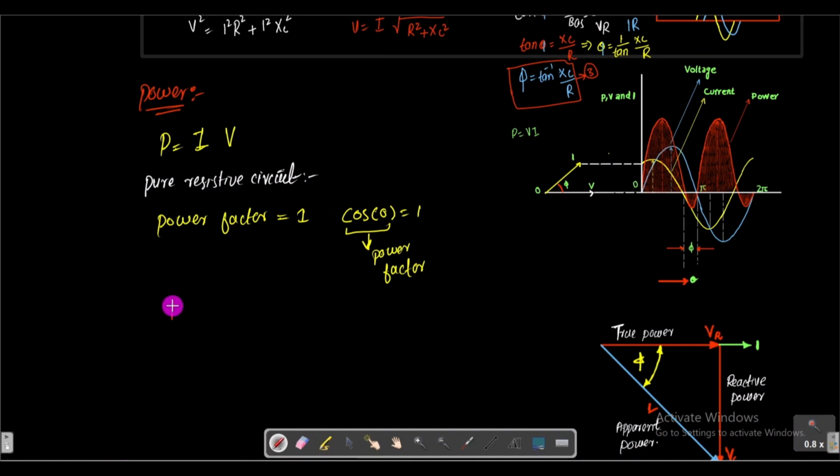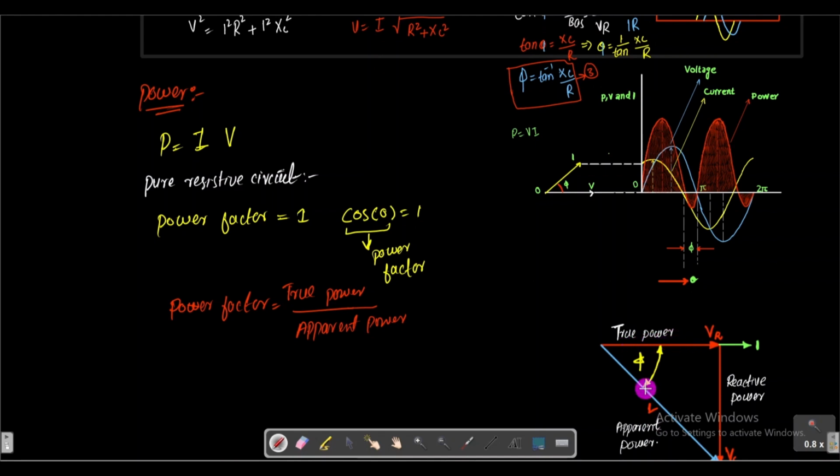This power factor, cos phi, is given by this relation. The power factor is equal to the true power divided by the apparent power. Here the true power is the base, and this is the hypotenuse.